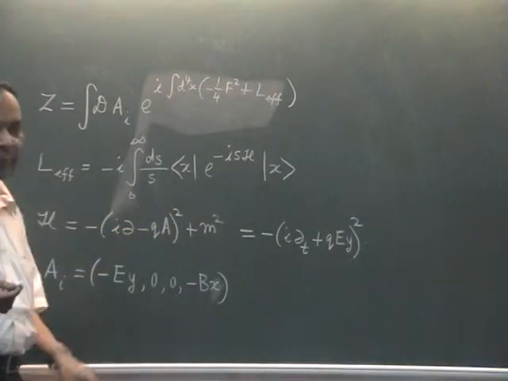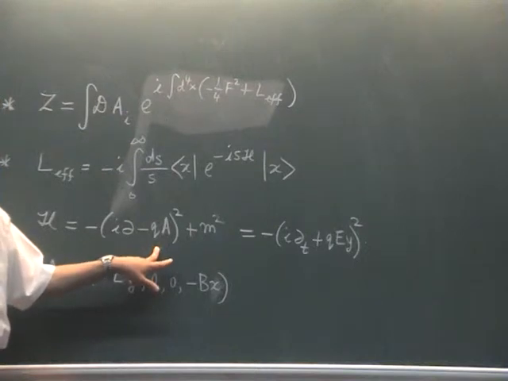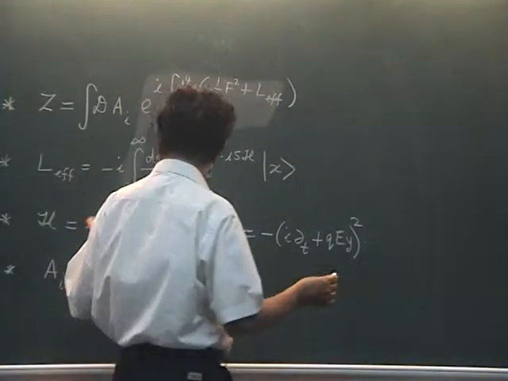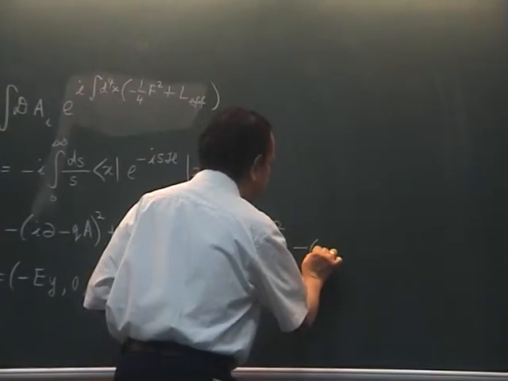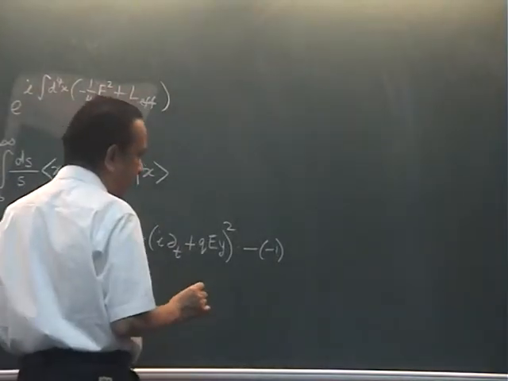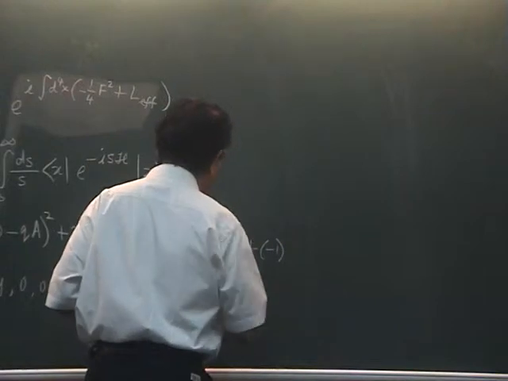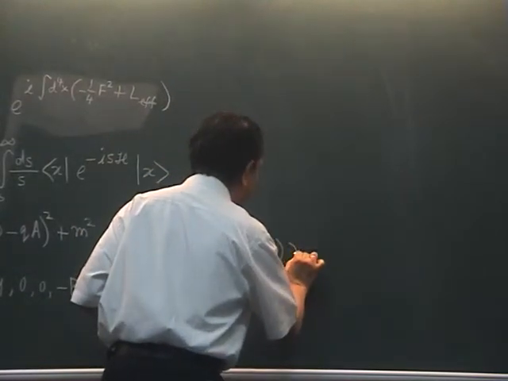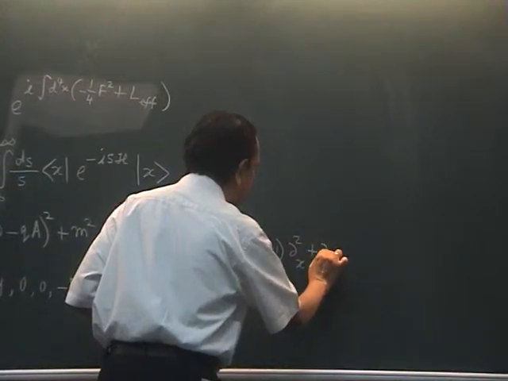Then I want to take the spatial components. These two spatial components, A does not contribute. So I should have this overall minus sign. Then I square will give you another minus sign. Then I will have this del square here with a minus sign. So it is plus dx square plus dy square.